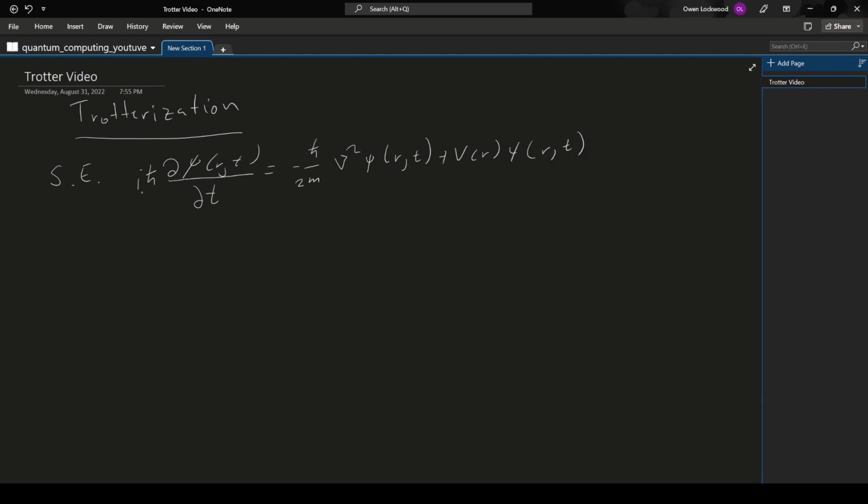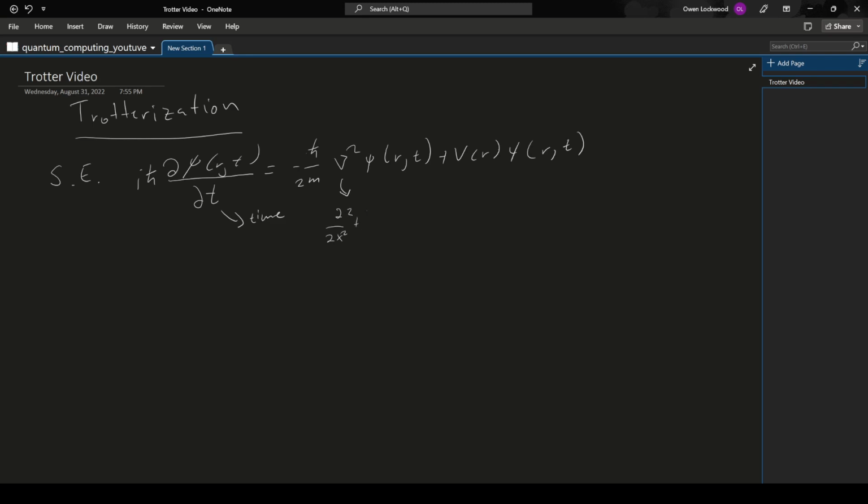So we have our time dependence here, the derivative with respect to time. And then we have our position dependence, where this is the Laplacian, which is of course equal to the second partial derivatives in Cartesian coordinates.